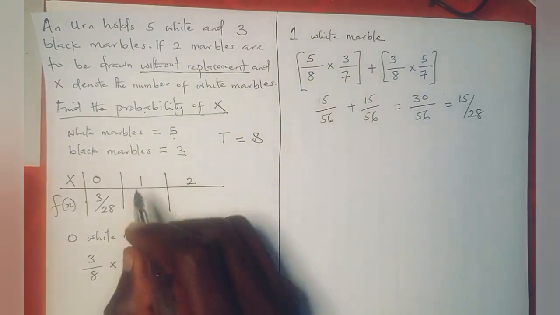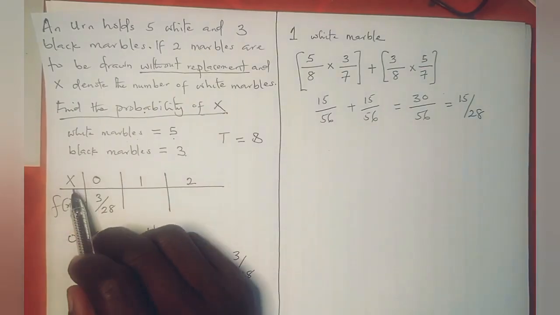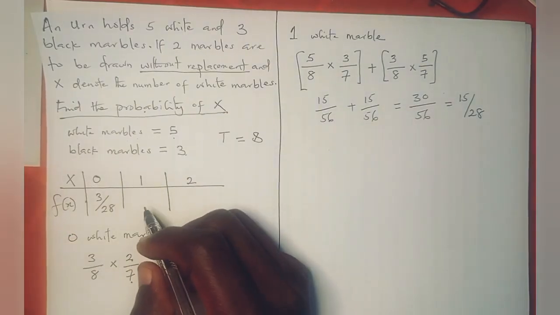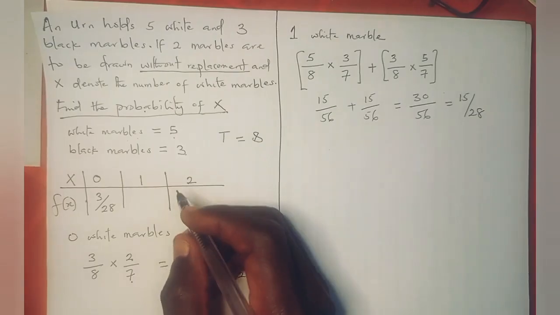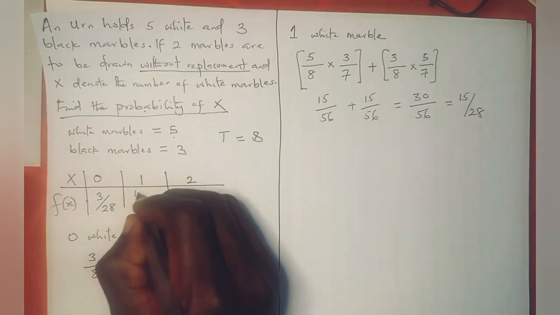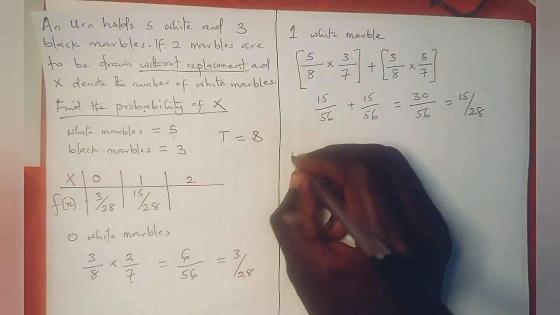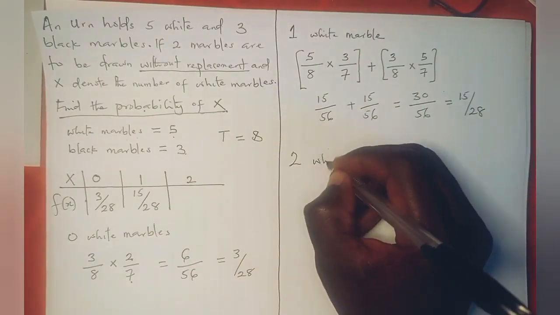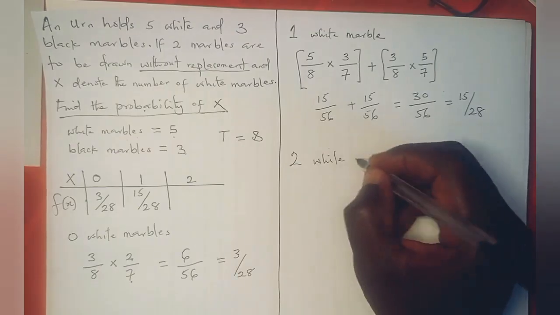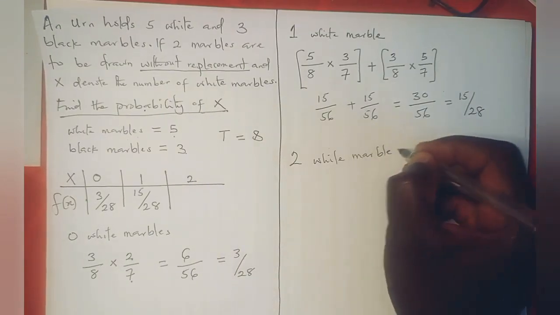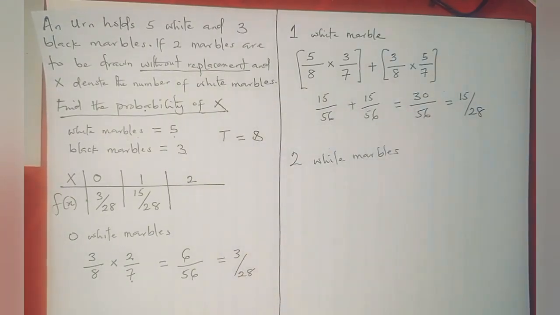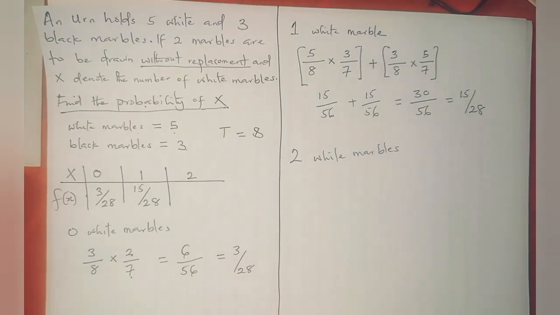So the probability of having one white marble out of the two marbles drawn is 15 divided by 28. Now third, we have 2 white marbles. 2 white marbles were drawn. That is the only way we can have it.